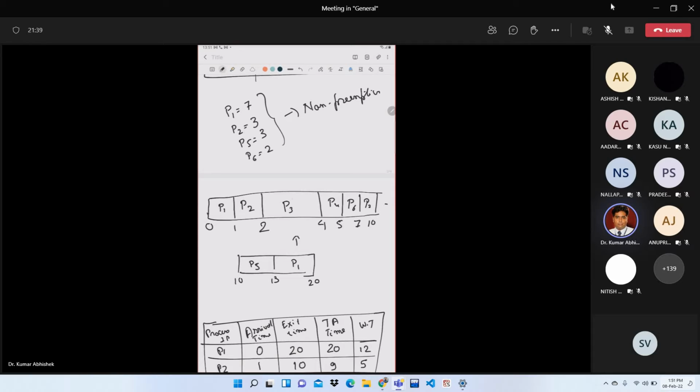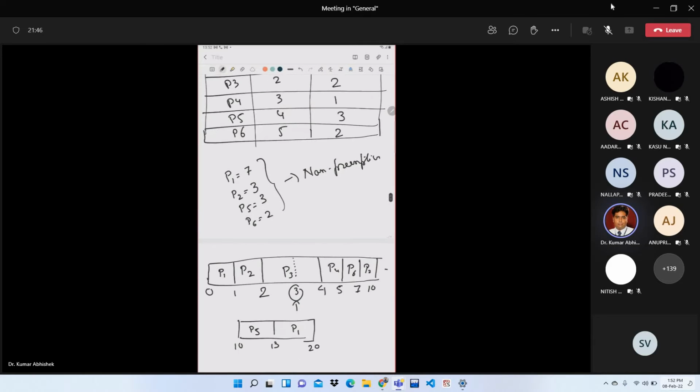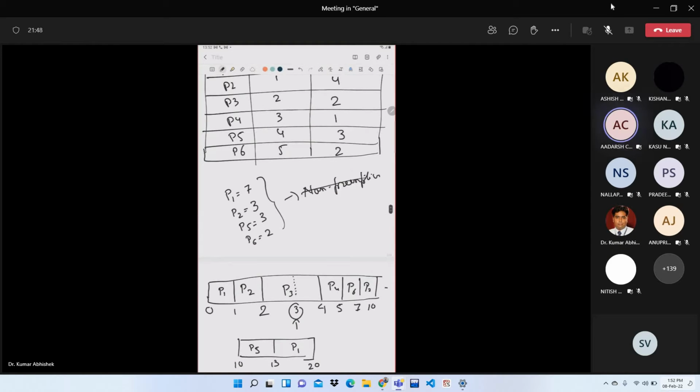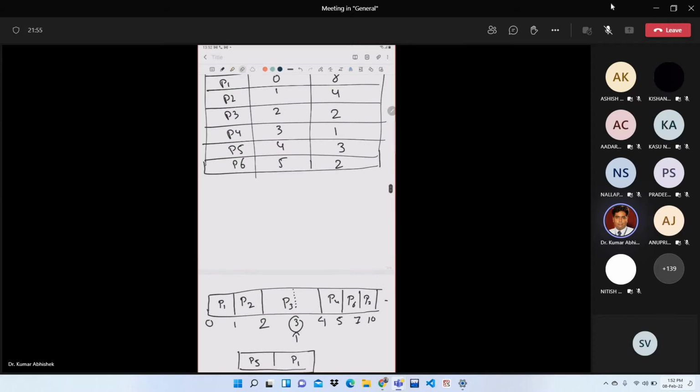See, at time 3, what happens? P4 arrives. Your ready queue will be having P1 equal to 7, P2 equal to 3, P3 equal to 1, and P4 equal to 1.